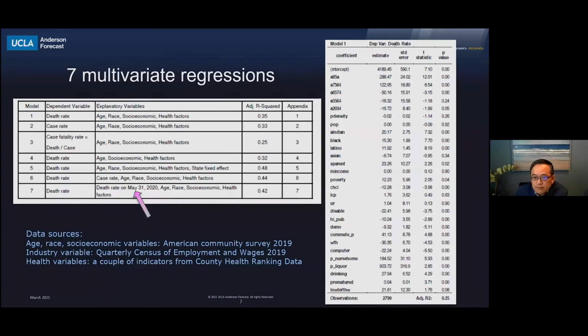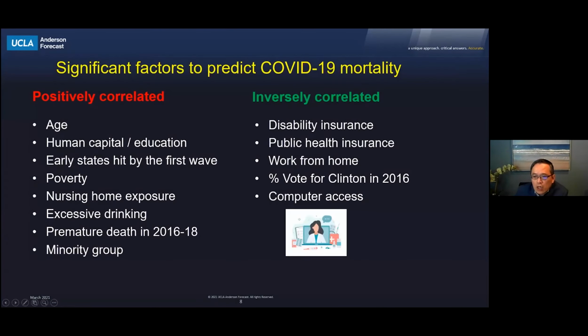Okay. So here I show you the significant factors to predict this COVID-19 mortality. Note that different model settings might suggest different significant factors. I learned this lesson from my colleague, so I need to be very careful.